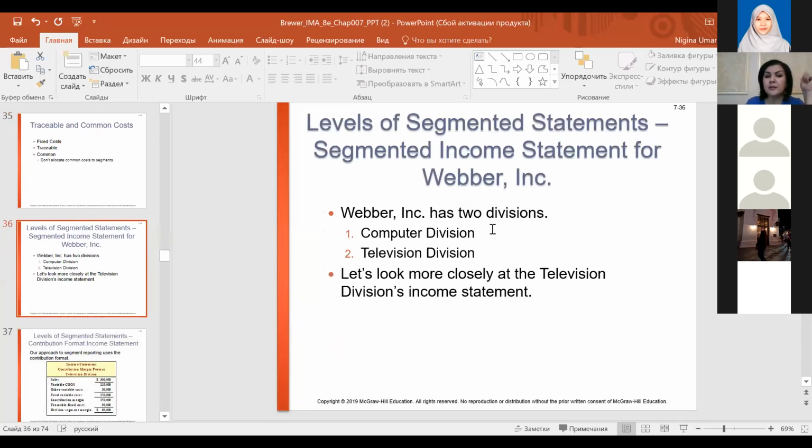So let's look at the example. We have Weber Incorporation. The company has two divisions, a computer division and a television division. Let's look at the income statement.